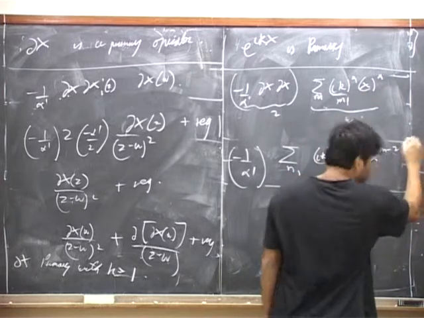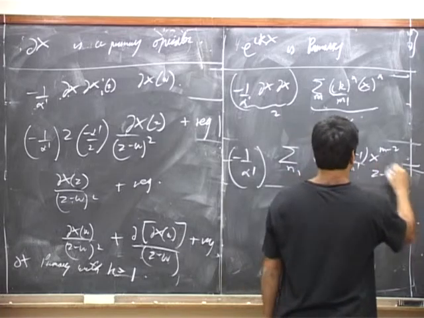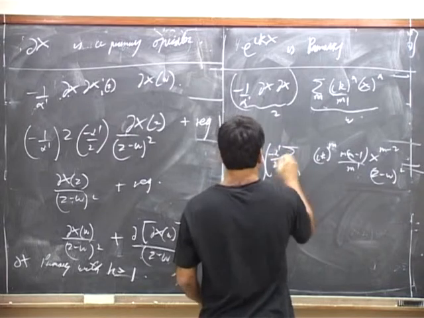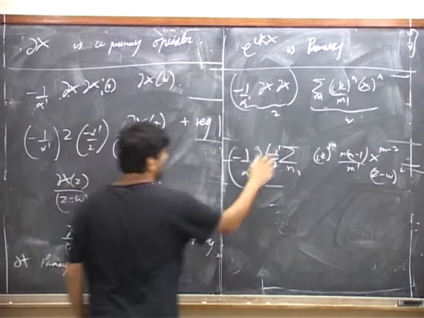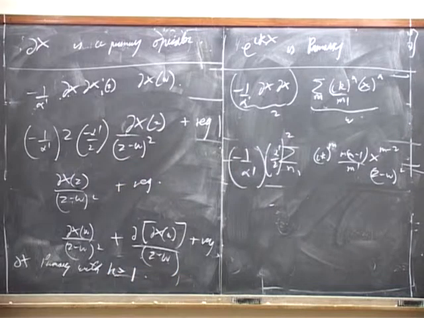Then we have z minus w, the whole thing squared, with a plus alpha prime by 2, squared.